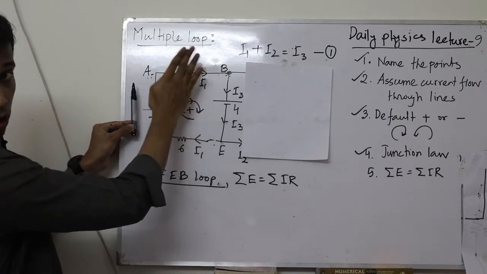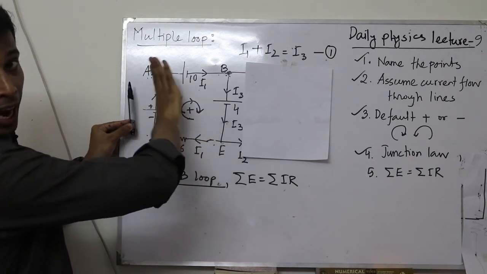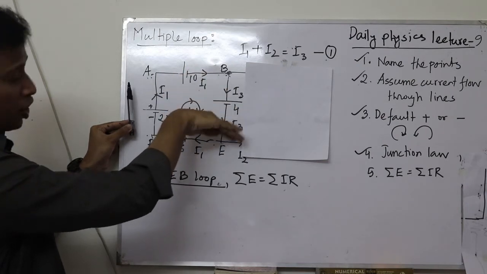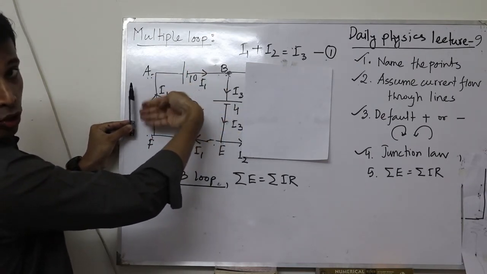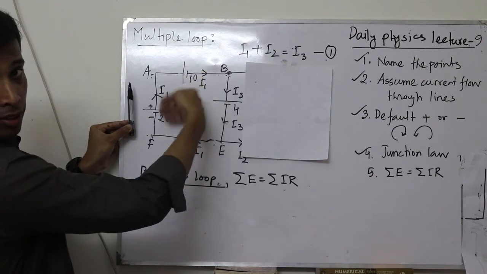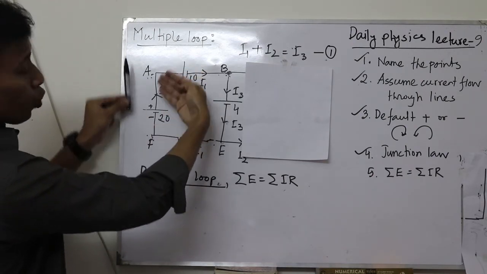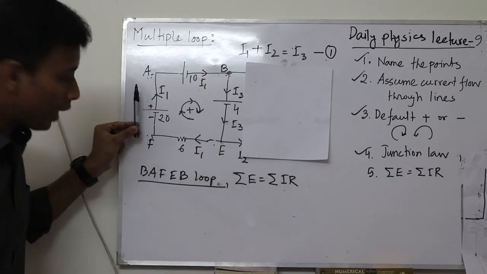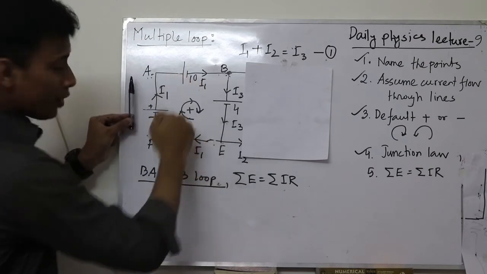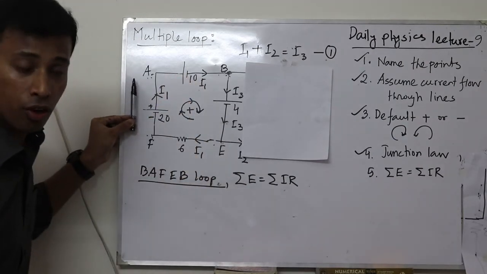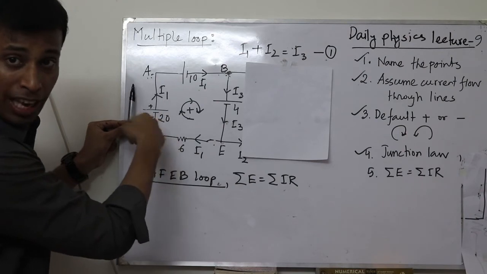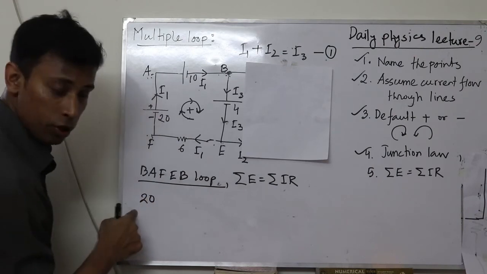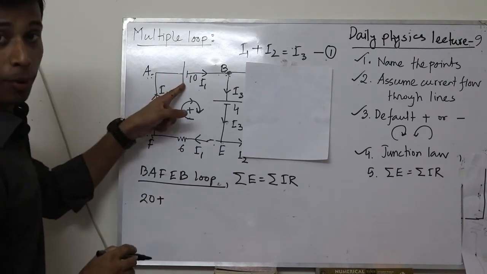When the hand of the watch moves like this, that is the clockwise positive direction, and through 20 it will move like this. So 20 is acting along the direction of clockwise. So 20 volt, the EMF of this cell, is positive. 20 positive, plus.